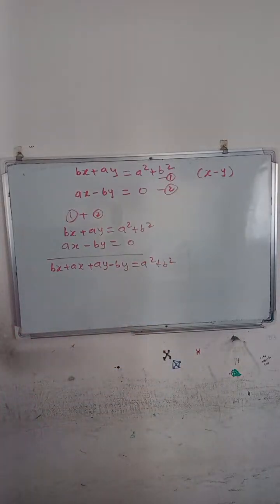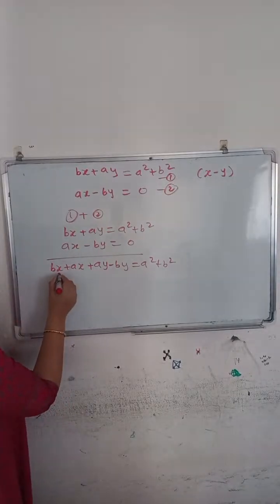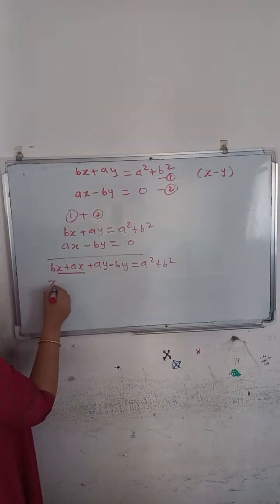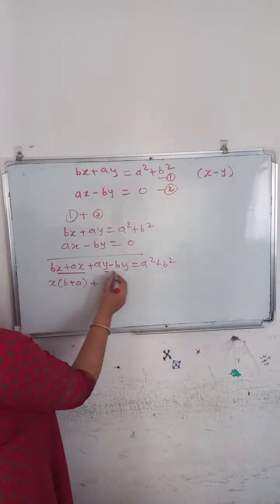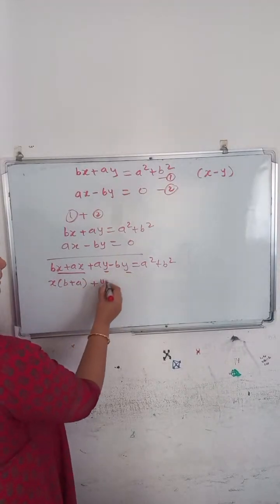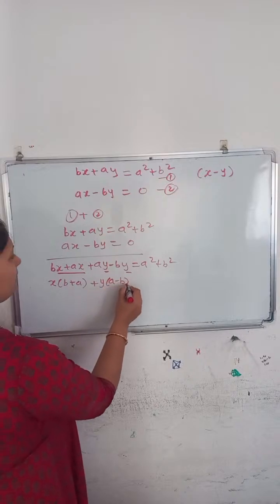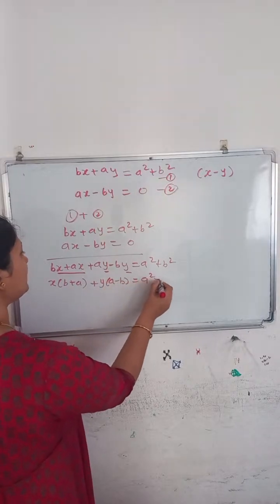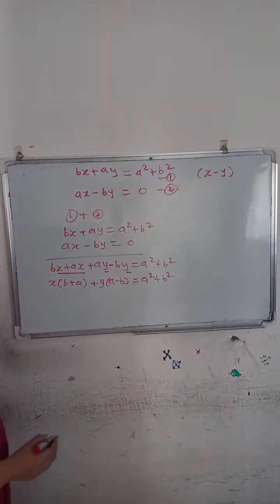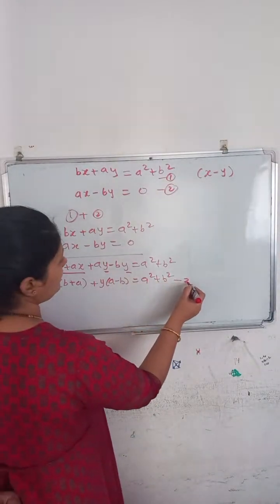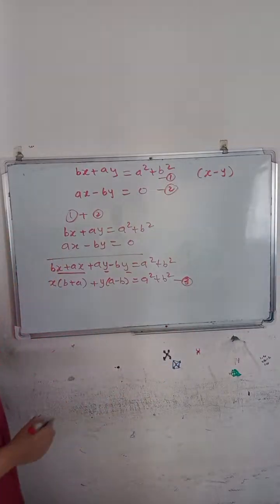If you take x common, you will get b plus a, and if you take y common, a minus b, is equal to a square plus b square. This is my equation number 3. I'll keep it as it is.